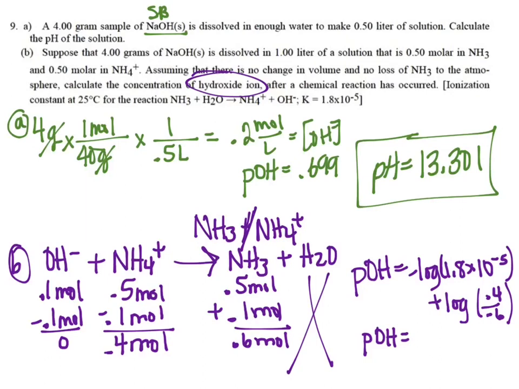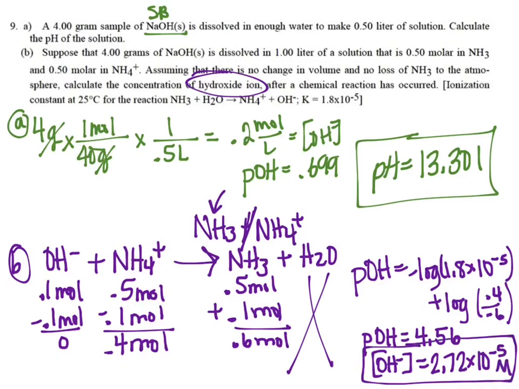Yeah, because we're dealing with a base. So pOH I get is 4.56. Why is this pOH? The base is on this. Because of the NH3. And our OH concentration is 2.72 times 10 to the negative 5th molarity.